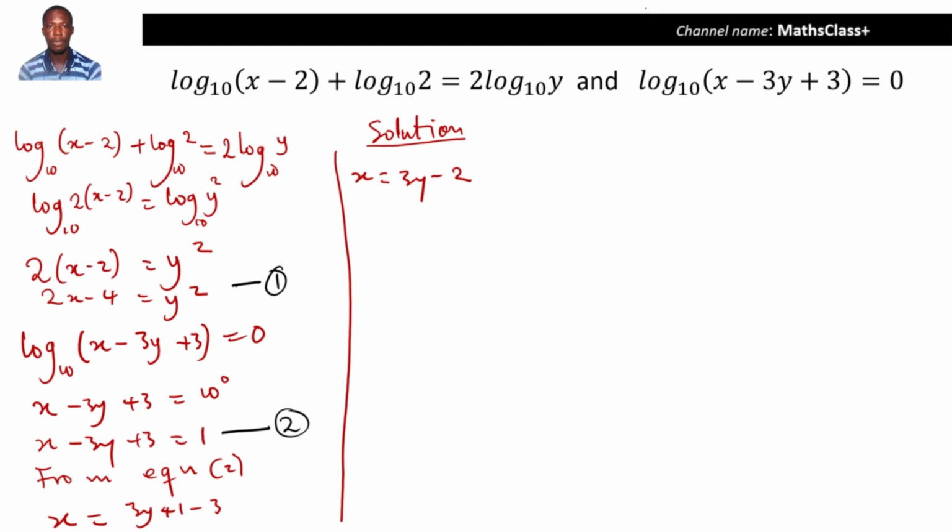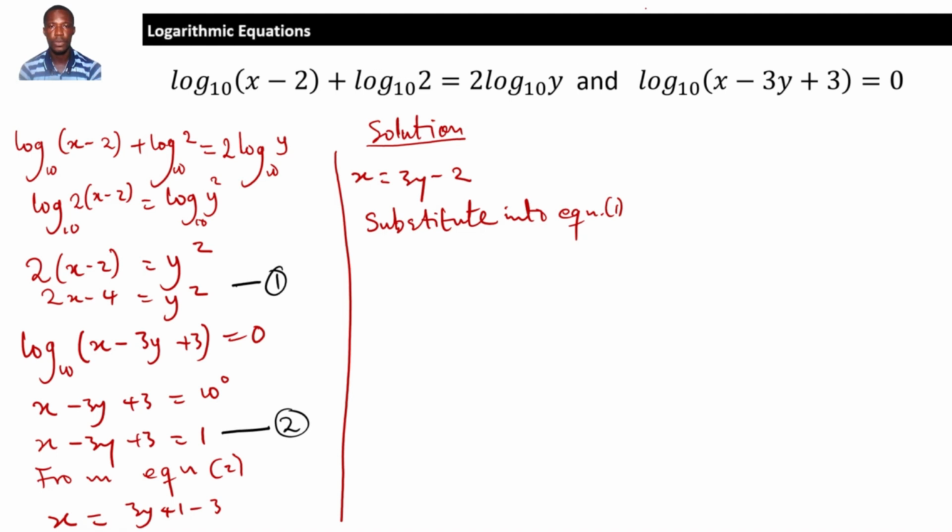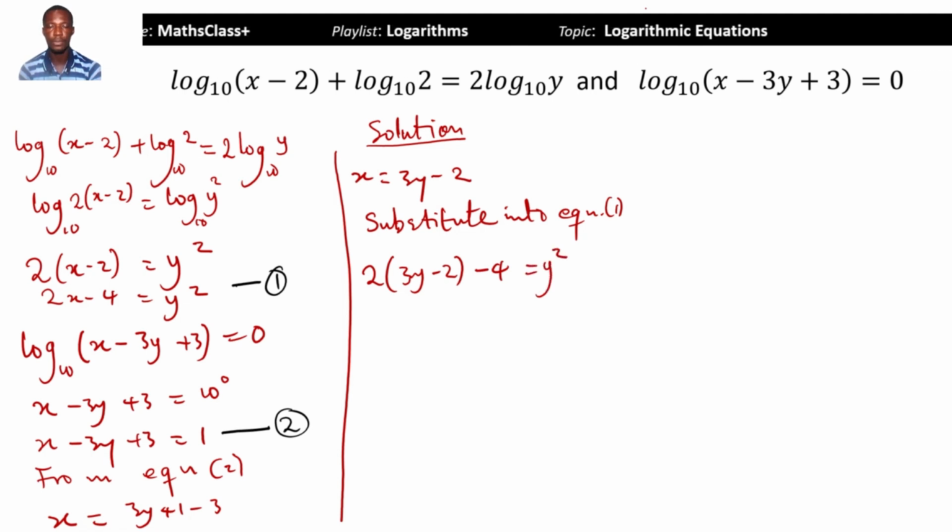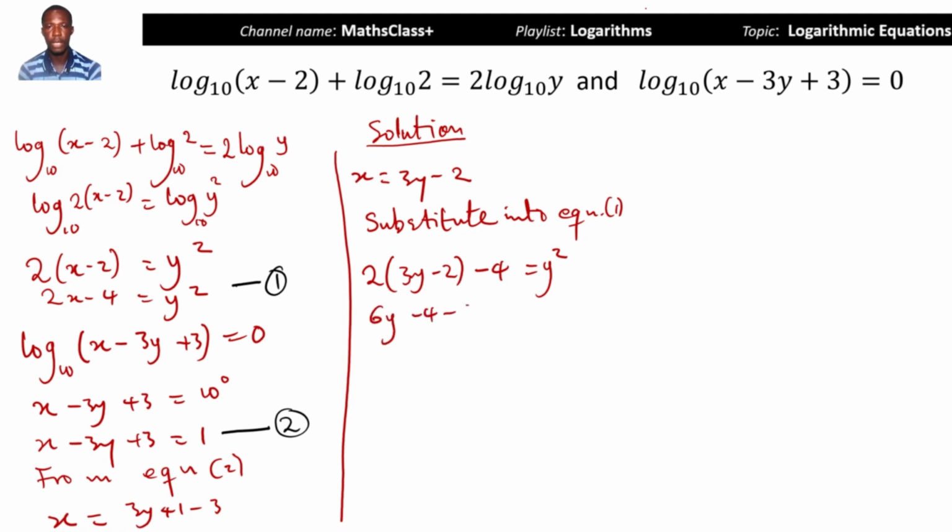Okay, now I'm going to substitute this into equation 1, and that will give me 2 multiplying 3y minus 2, and then minus 4 is equal to y squared. So I get 6y here, minus 4 is equal to y squared.